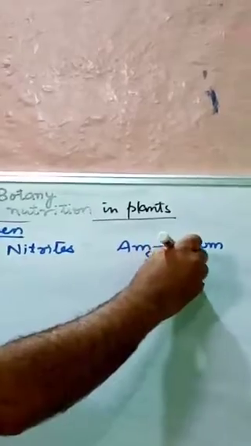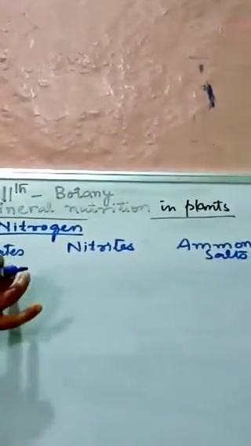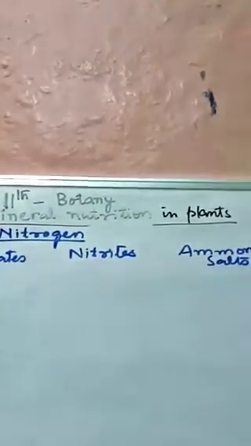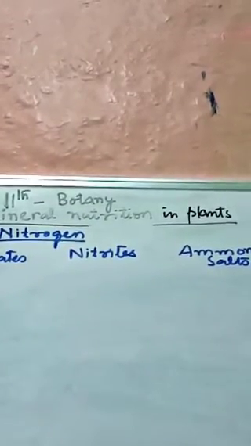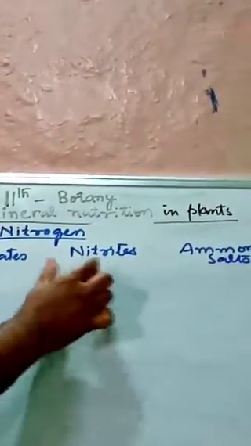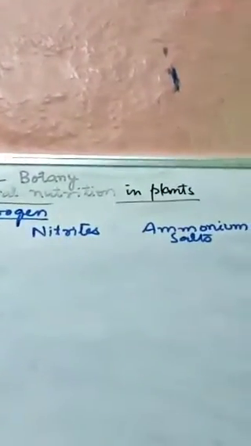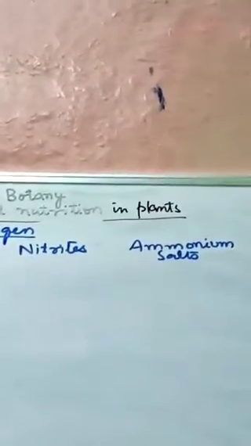So this nitrogen is available to the plants in 3 different forms. First one is the nitrates, second one is the nitrites, third one is what we call the ammonium salts.